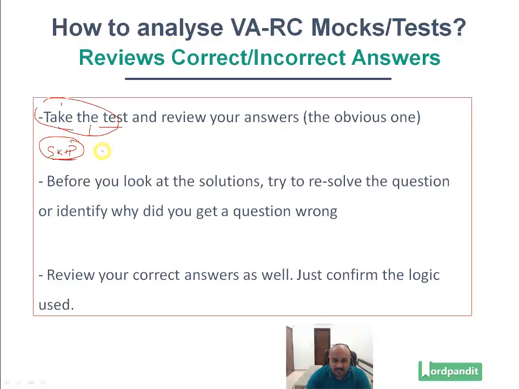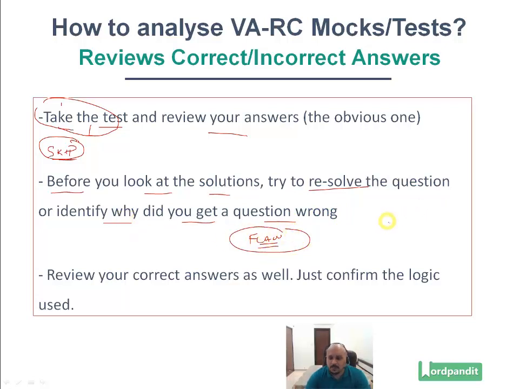Start taking tests. Now the first thing you do is you take the test and you review your answers. This is the obvious one. But the important thing is, before you look at the solutions, you should always try to resolve the question or identify why you got the question wrong. What was the mistake? What was the logical flaw that you committed?